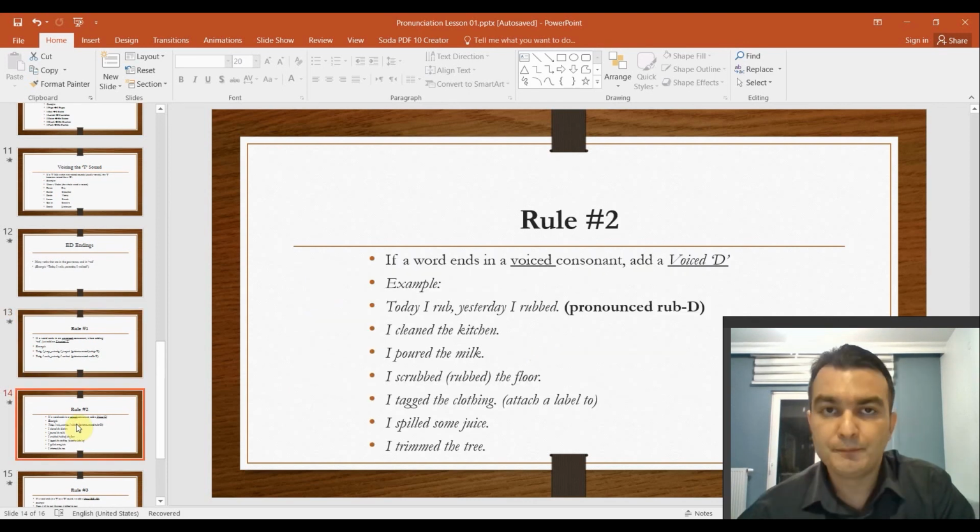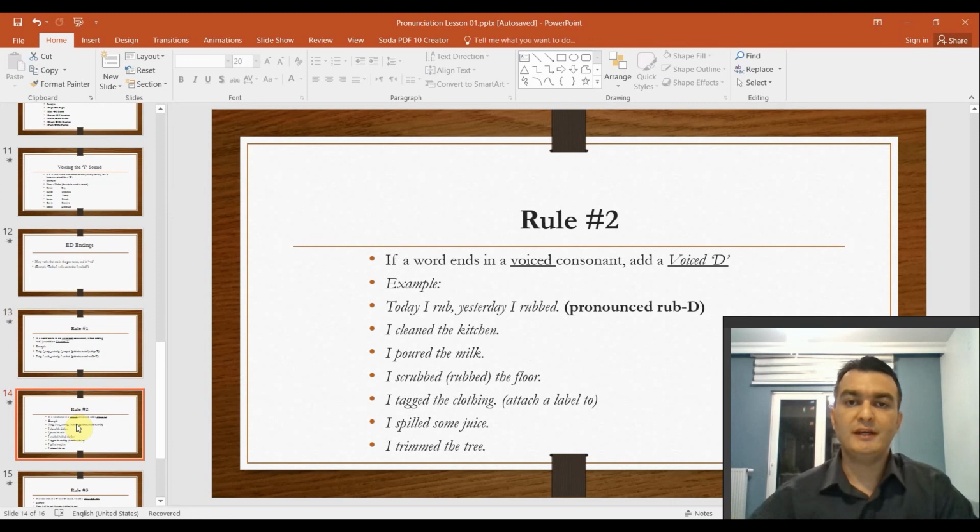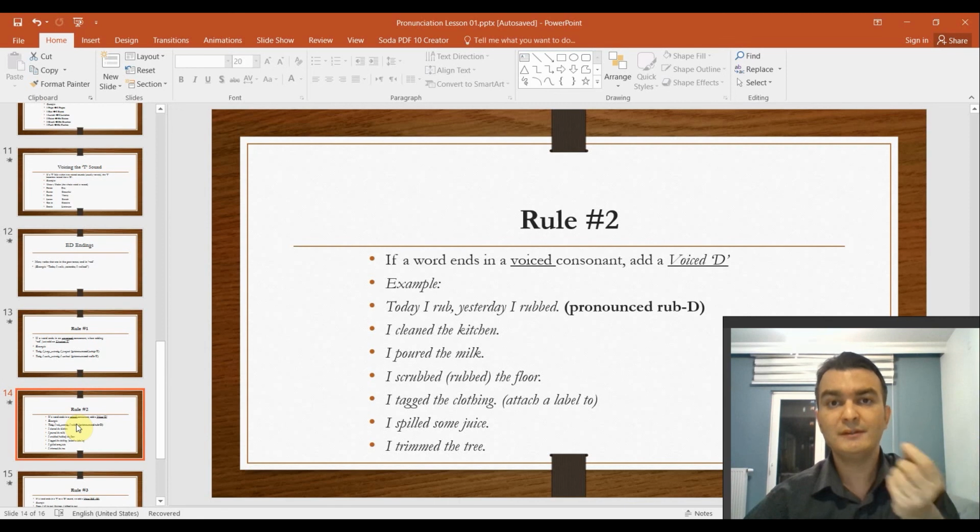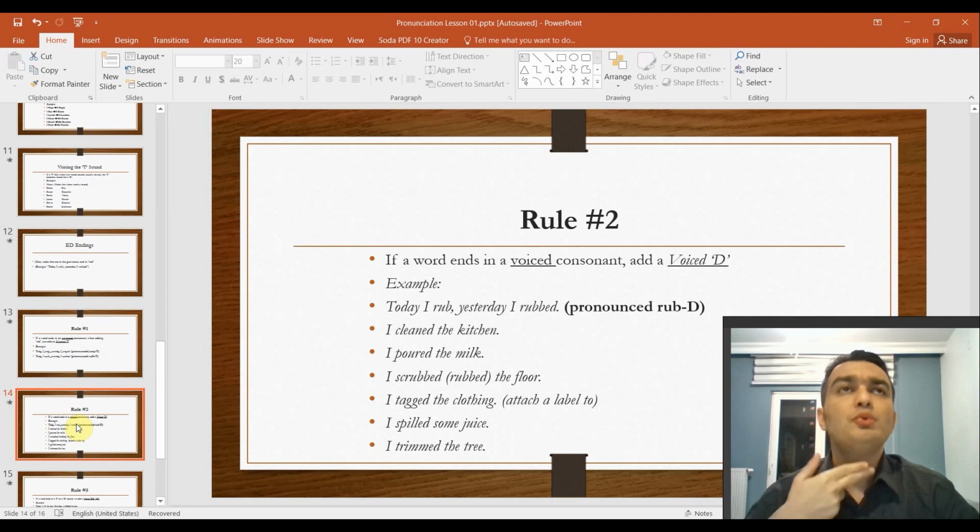Rule number two, vice versa, opposite, okay? What happens if a word ends in a voiced consonant or voiced sound? Then you have to add voiced d. You see, rule number one, t, unvoiced. Rule number two, d is voiced. So what happens? Look, rob, b, okay, voiced, robbed.